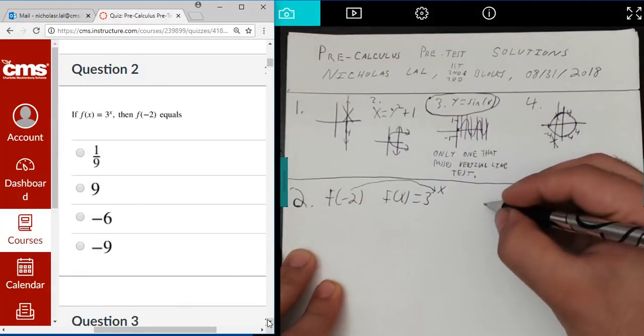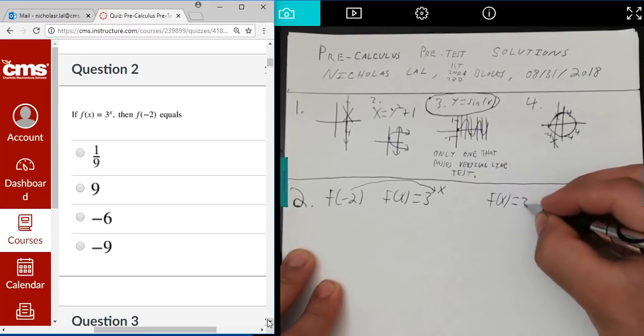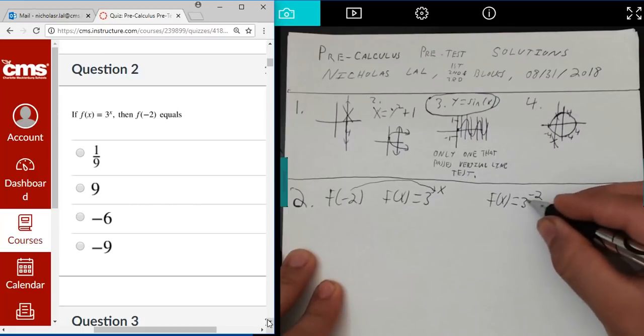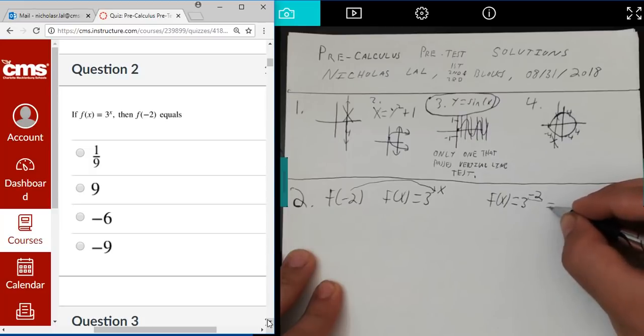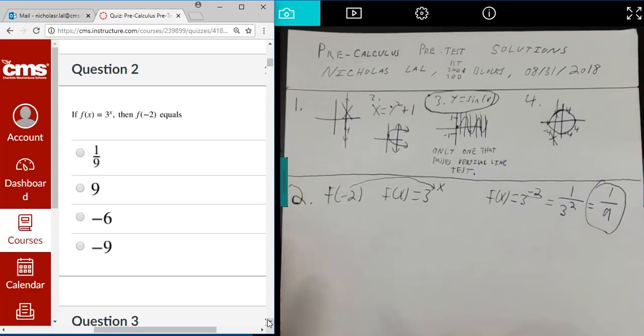So we're going to find f of x is equal to 3 to the -2. If you remember your laws of exponents, 3 to a negative exponent is going to be equal to 1 over 3 to that positive exponent. And 3 squared is equal to 9, so it's equal to 1/9, and that is our answer.